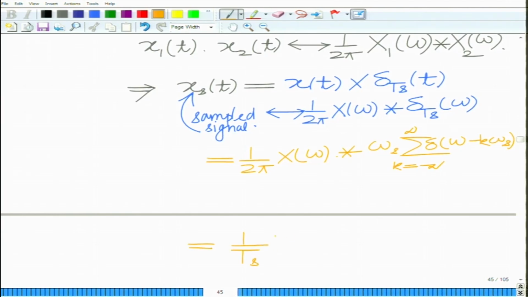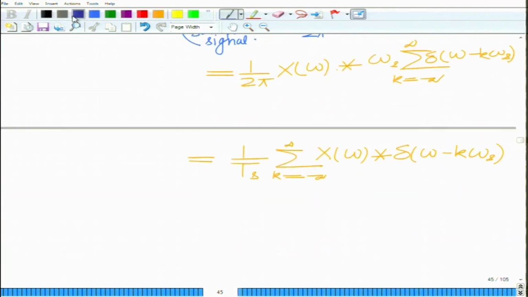Now omega s over 2 pi, remember that is fs, which is 1 over Ts. So this is 1 over Ts. Since the convolution operator is associative, taking the convolution operator inside, X of omega convolved with delta of omega minus k omega s. When you convolve with a shifted impulse, it simply shifts the function, that is we get X of omega minus k omega s.